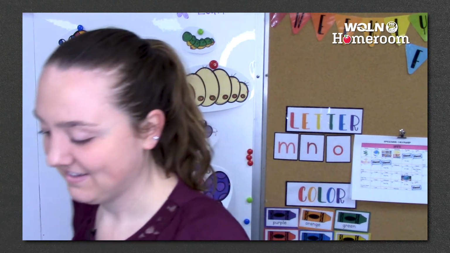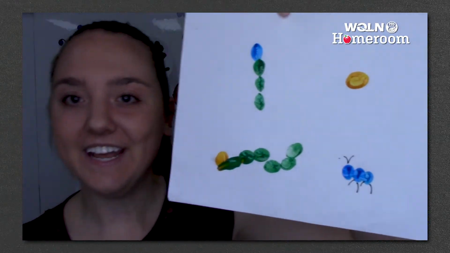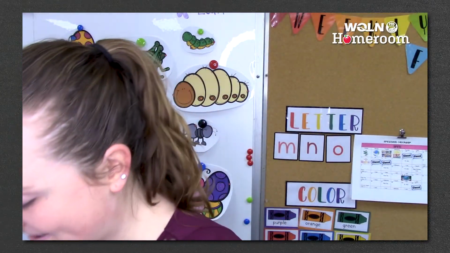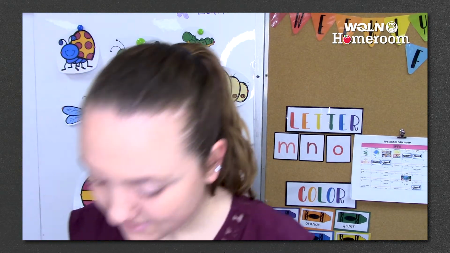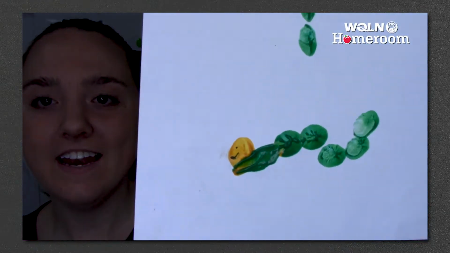All right, I'm gonna wipe my finger off, and let's see if our caterpillar is dry. So he looks a little dry, so let's add a face to our caterpillar. So I added an eye and a smile.